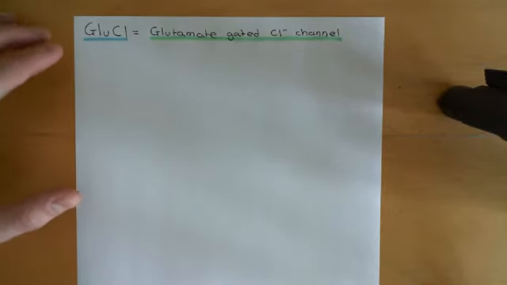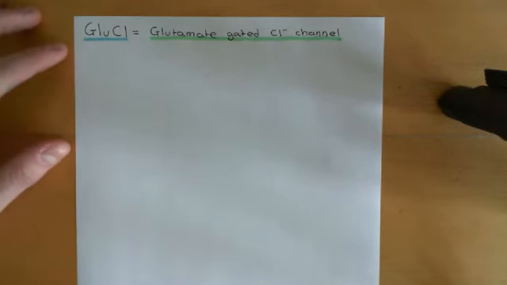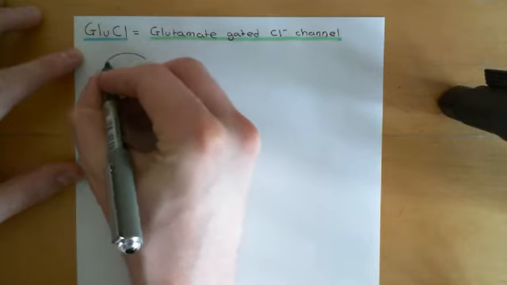But first, let me just discuss the fact that the glutamate-gated chloride channel, unlike all these families that we've been seeing in humans, the nicotinic acetylcholine receptor family, the GABA A receptor family, the glycine receptor family, the 5-HT3 receptor family, in the case of GluCl, it really is just one channel.